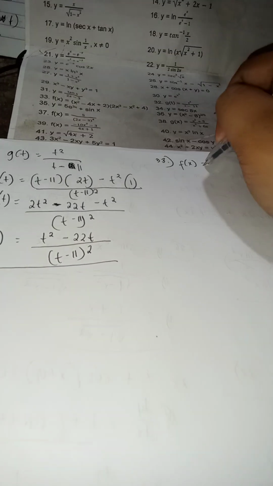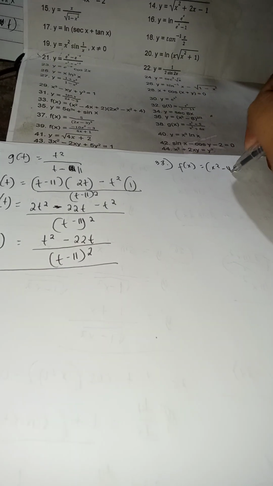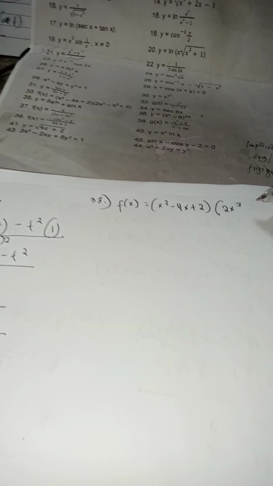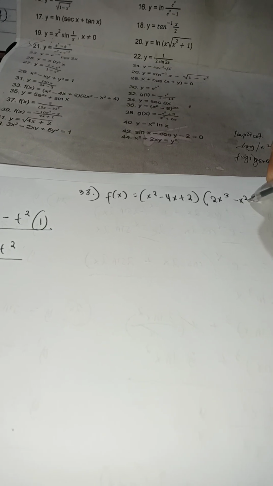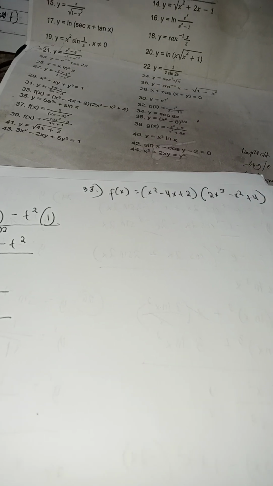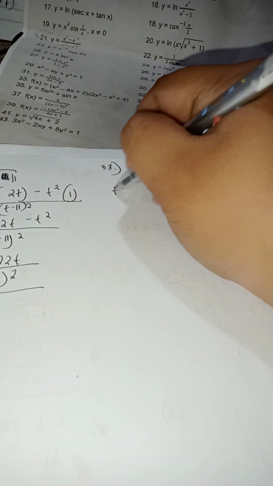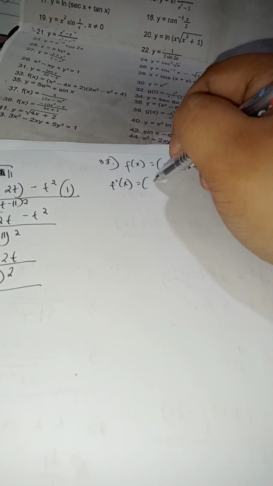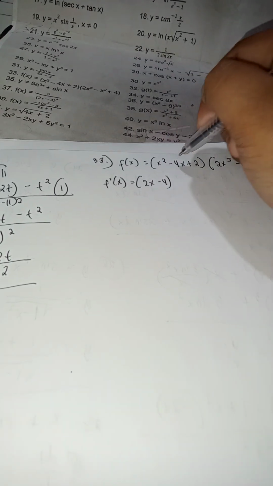Number 33. F of x is equal to x squared minus 4x plus 2 times 2x cubed minus x squared plus 4. So we are going to use the product rule again. Okay, so product rule, we have here f prime x. Get first the derivative, 2x minus 4.